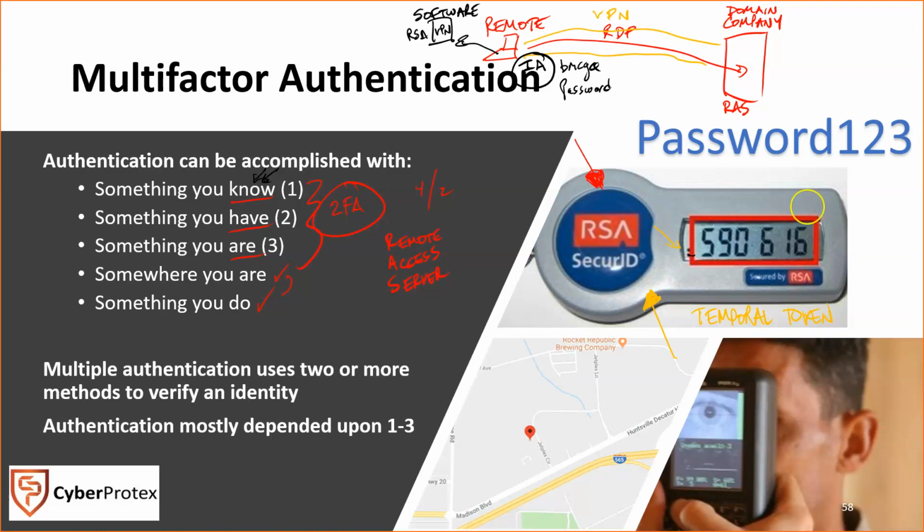You put in your username and your password, and then the way these typically work is at the end of your password, you look down at that temporal token and see the 6-digit code. At the end of your password, you put in the temporal token, and it combines these two. Back here, there'll be an Active Directory domain controller, AD, that has your object in it.